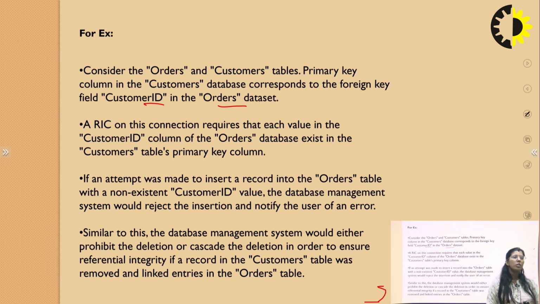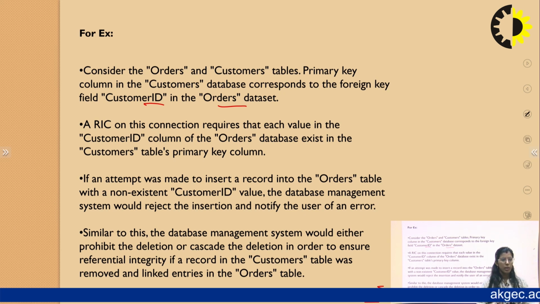If an attempt is made to insert a record into the order table with a non-existent customer ID value, then the DBMS would reject such an insertion and notify the error. Similarly, if there is a deletion or updation, the same situation arises.